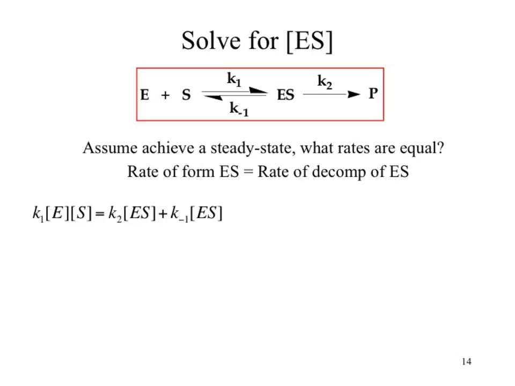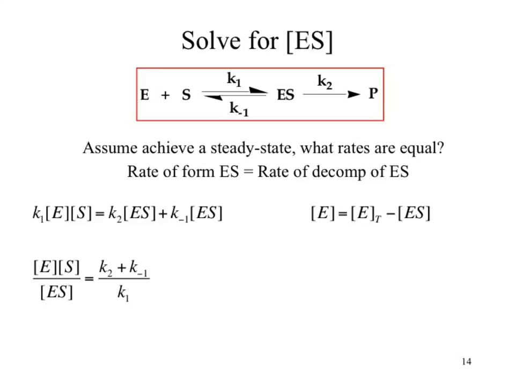Well, what was our problem on the previous slide? Problem was we don't know the concentration of the enzyme substrate complex. So what are we going to do with this equation? We're going to rearrange it to solve for the enzyme substrate concentration. Okay? And we could do a variety of things. So this is one option. Grouping constants.